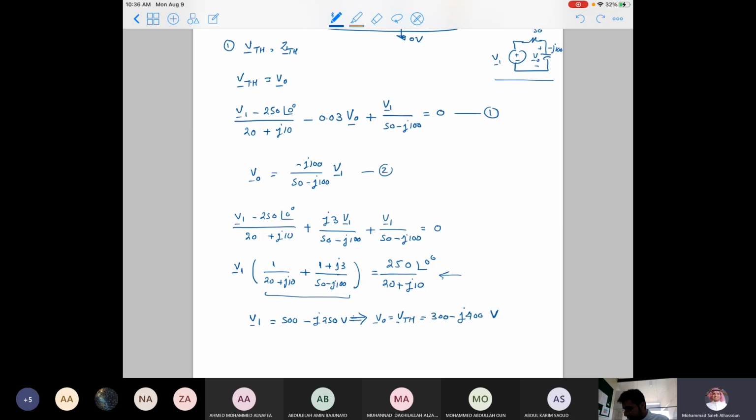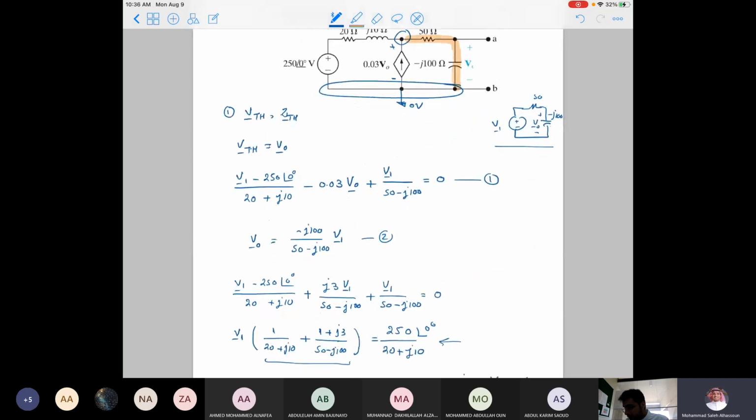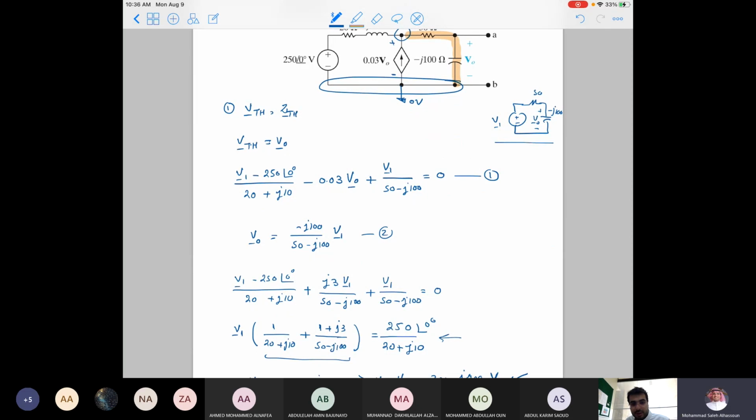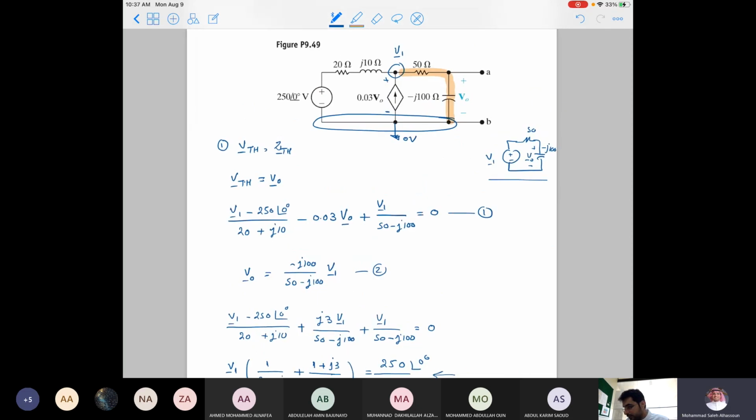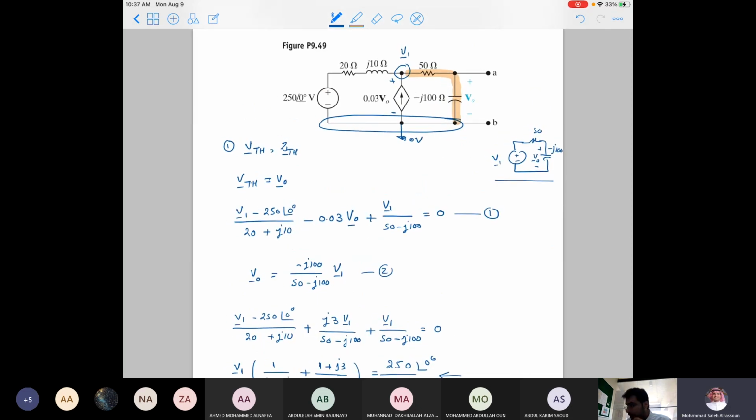Okay. So we found V Thevenin. So let's find Z Thevenin here. There are multiple ways of doing this. You can apply a test source and measure the other quantity. If you apply a test voltage source, you'll be asked to find the test current, and if you apply a test current source, you'll be asked to find the test voltage.